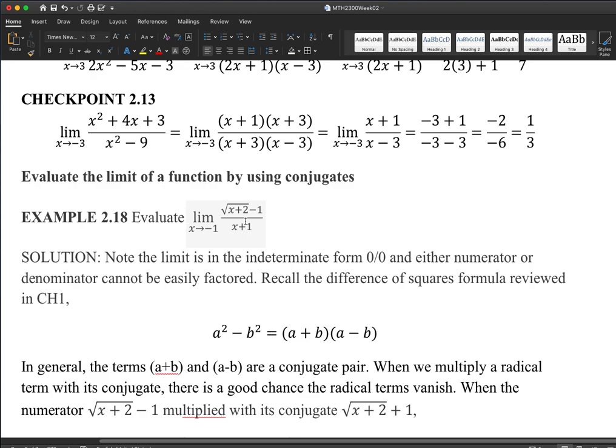And interestingly, the numerator is 0 too if you do a direct substitution for the numerator. So indeed, it is the so-called indeterminate form, 0 over 0. We call it indeterminate because it could be anything.